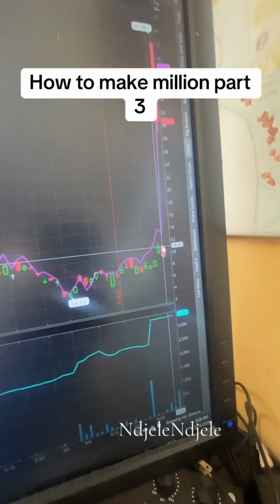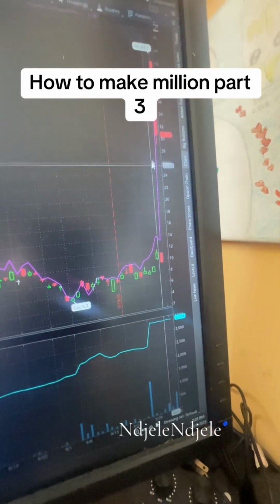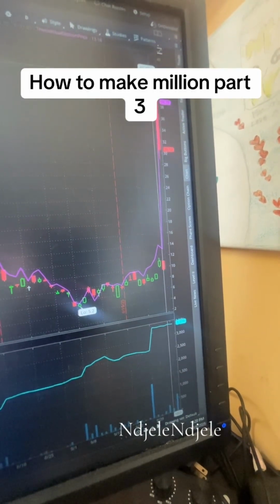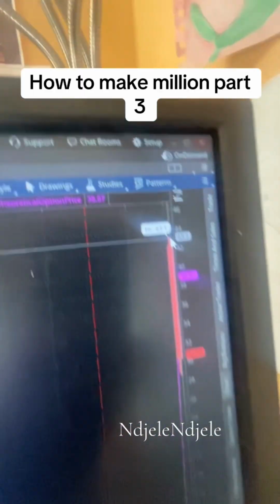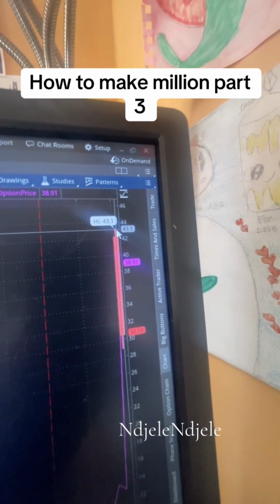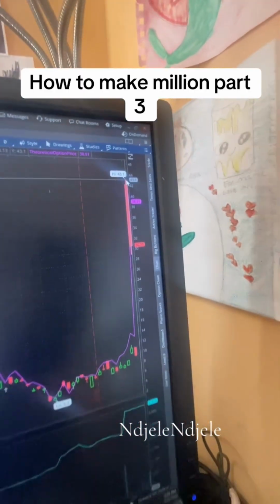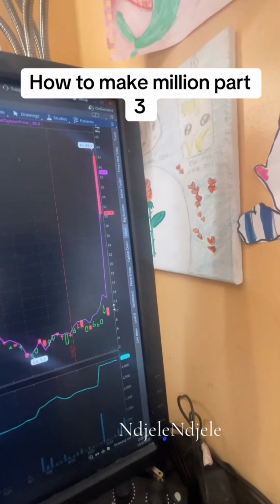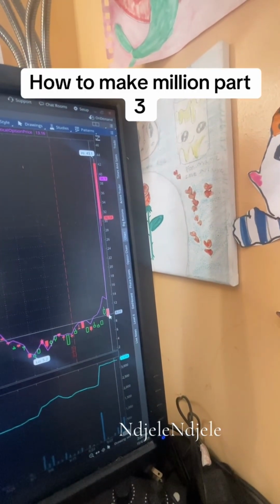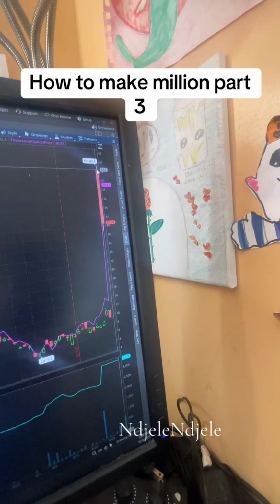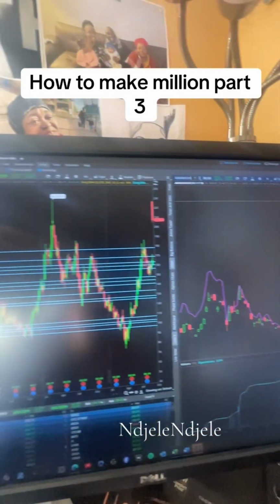At 9:30, that thing jumped up all the way here, which is 43 multiplied by 100, 4,300. So you went from 900 here to $4,000 right here. This is the type of movement.